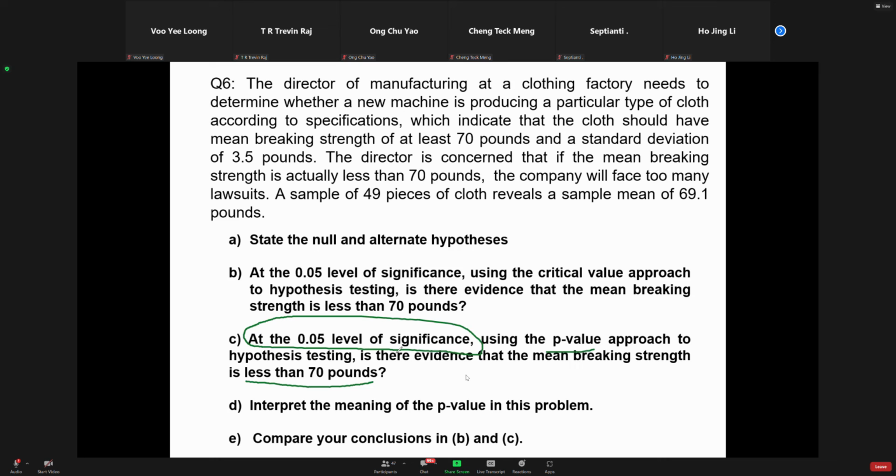Now instead of the critical values, we are going to use the probability approach. So what is the probability value given? 0.05. So for part C, the value given is 0.05.